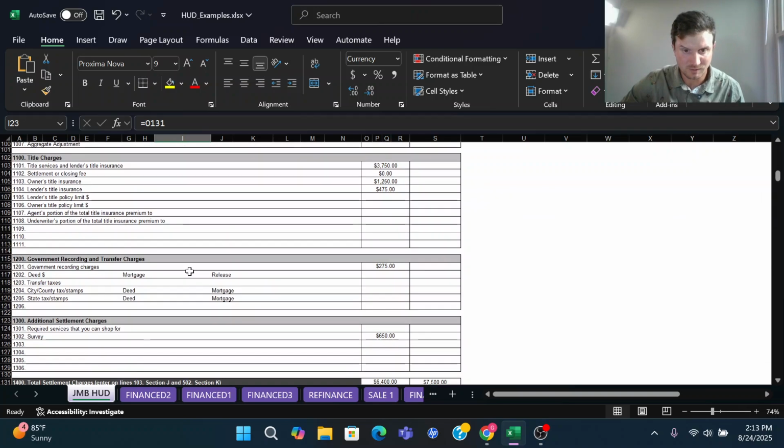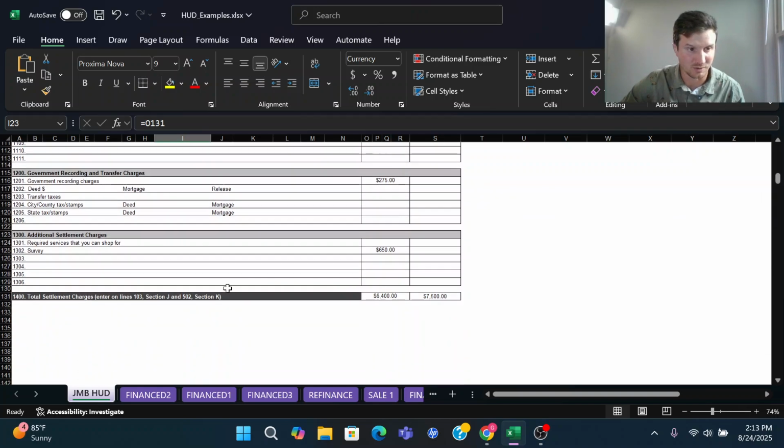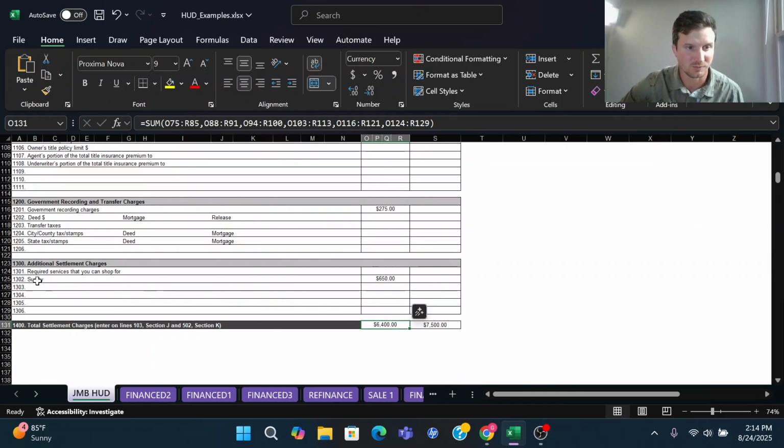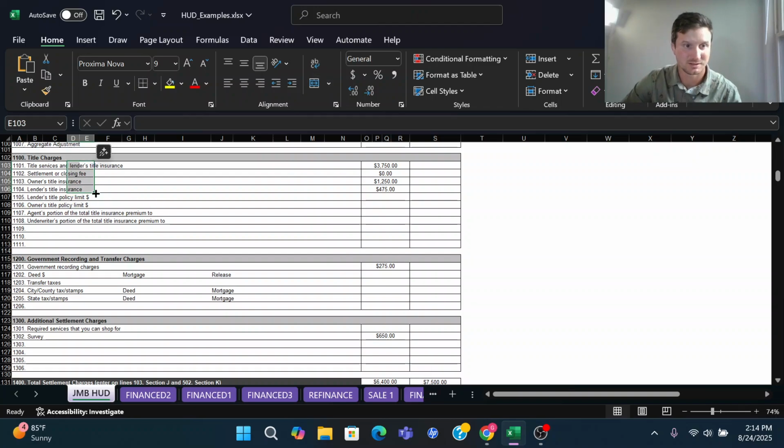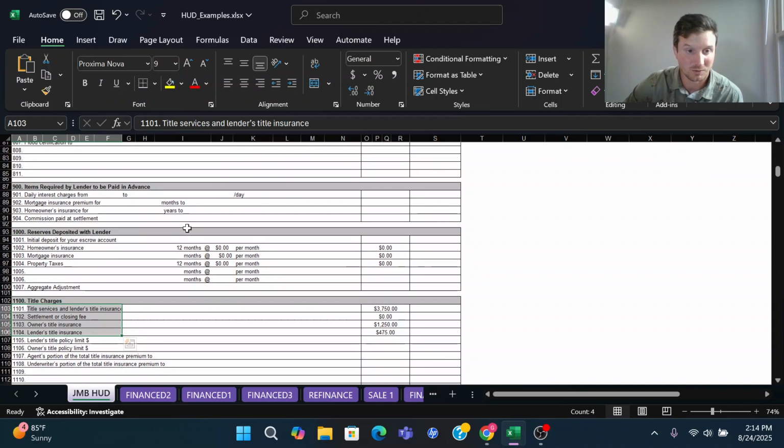Line 14 is going to be right here, and you're going to see that it totals up all of these costs. You've got survey, the government recording charges, and charges for the owner's title insurance, the lender's title insurance, and the service fees. All of these are going to add up to that.